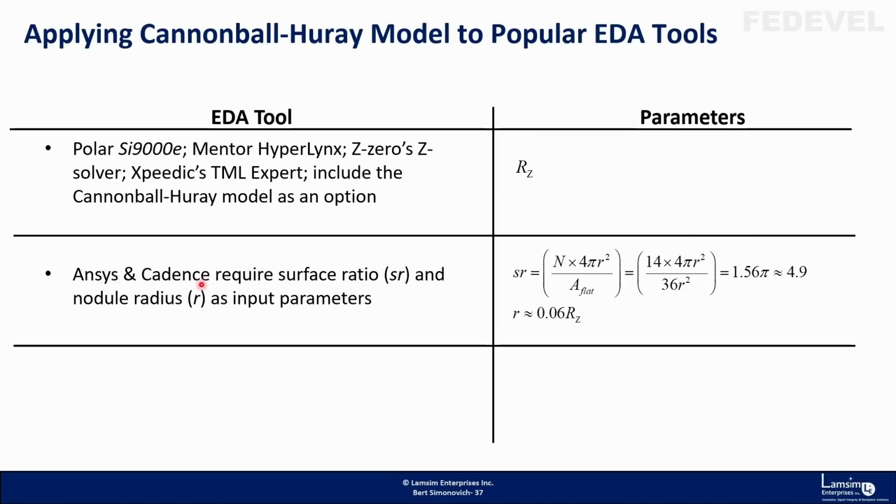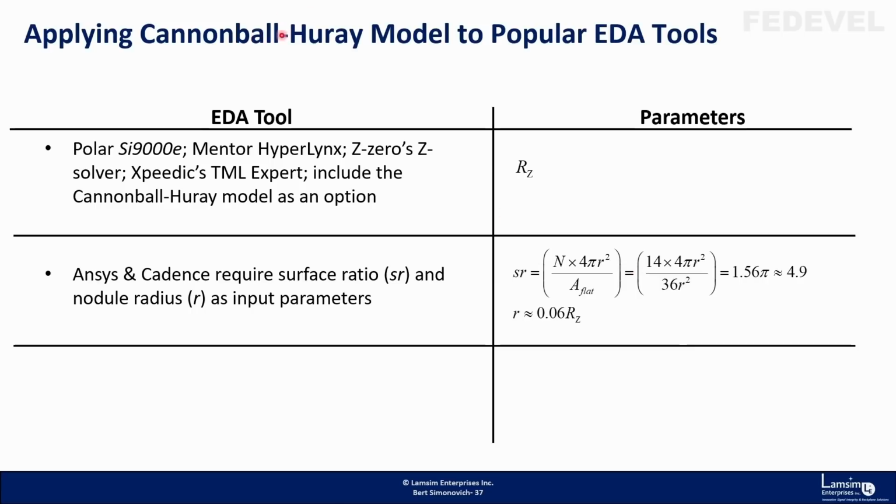ANSYS tools and Cadence tools ask for SR and R parameters to fill in for the Hooray model, because that's what they have as the Hooray model. And if we use my Cannonball Hooray model procedure, SR is really this part of the equation.